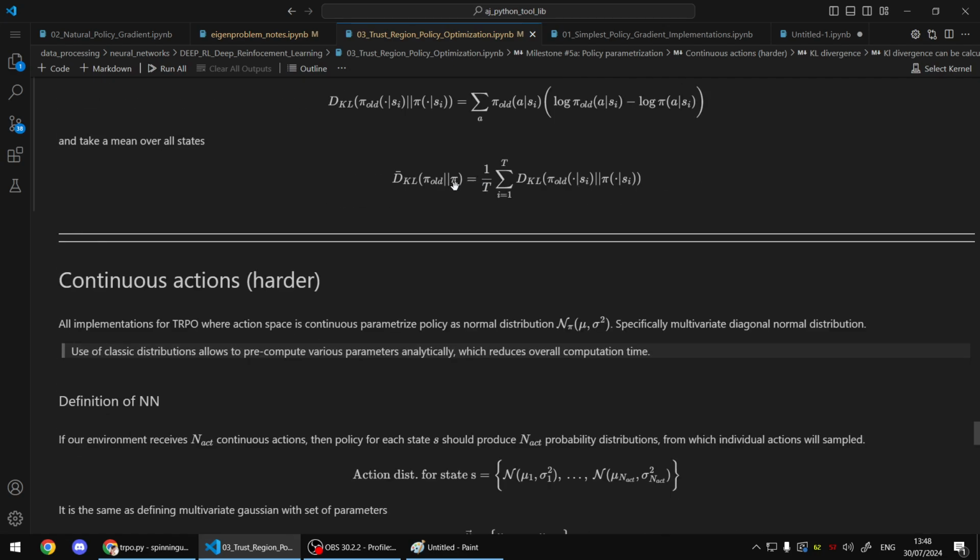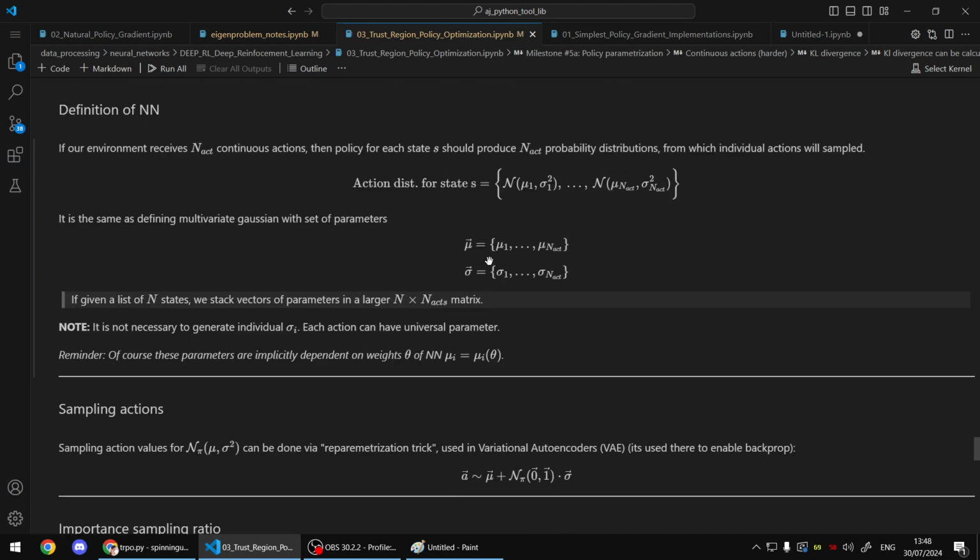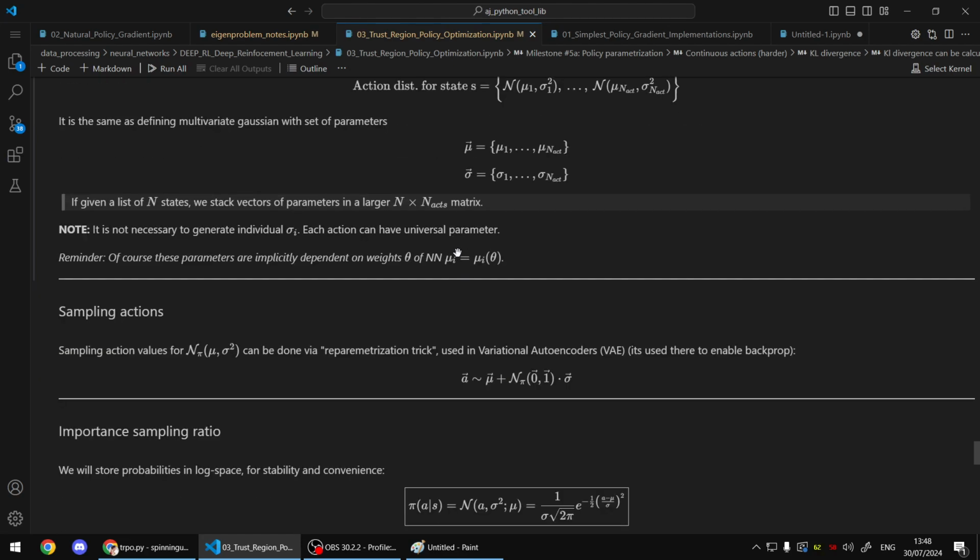That's the idea. Continuous actions are parameterized using a multivariate normal distribution, diagonal, and our network generates the mean vector, and it trains the standard deviations for different actions.